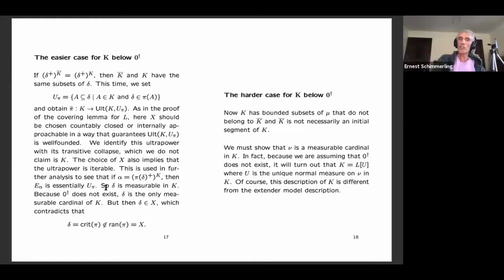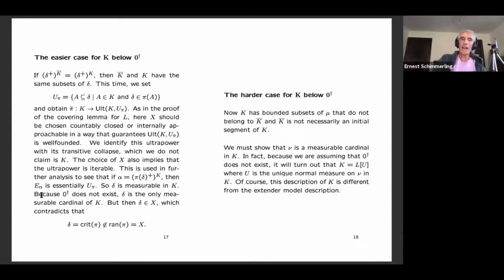So this tells us that delta is a measurable cardinal in K because U pi is coded by E alpha. E alpha belongs to K, and so U pi belongs to K, and so there's this measure over delta in K.